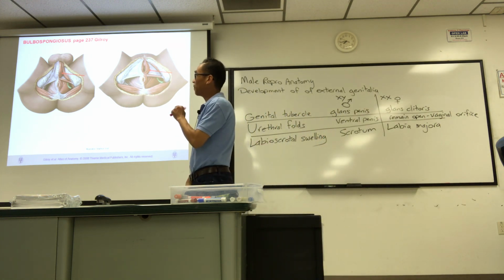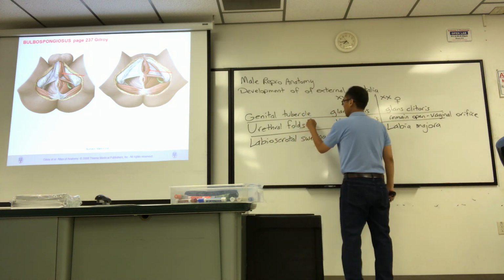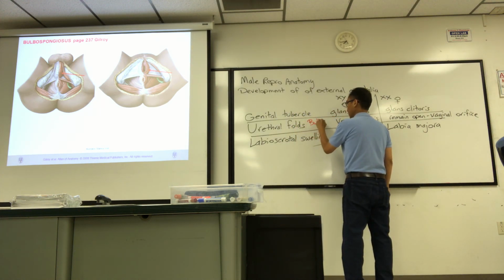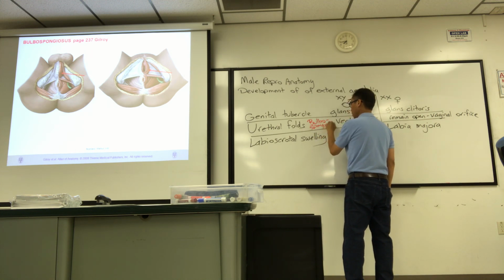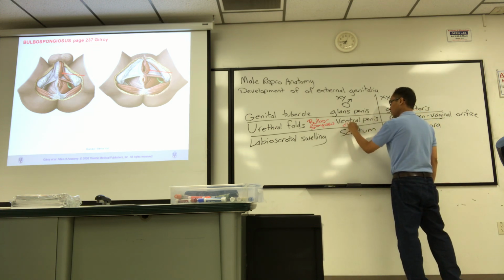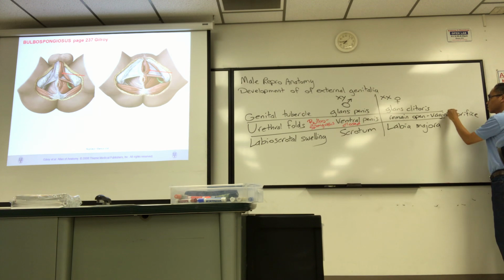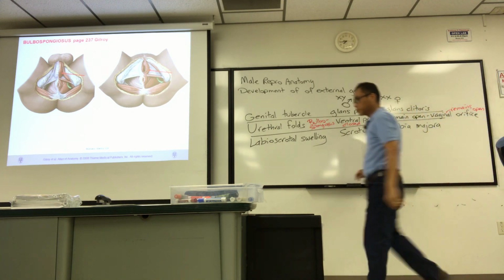It's pointing to the muscle part that forms the ventral penis. So in males, that muscle is closed, but it remains open in the females. So I just want to give you one difference between the sexes.